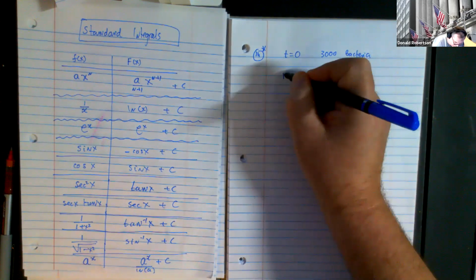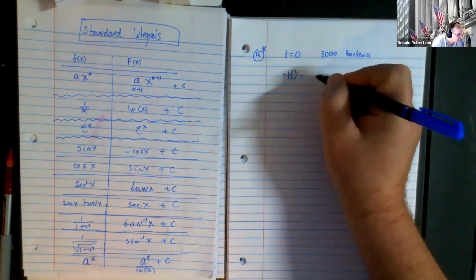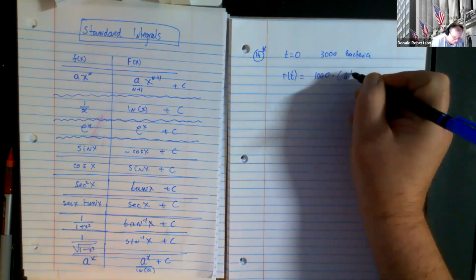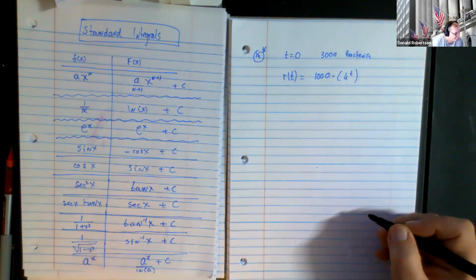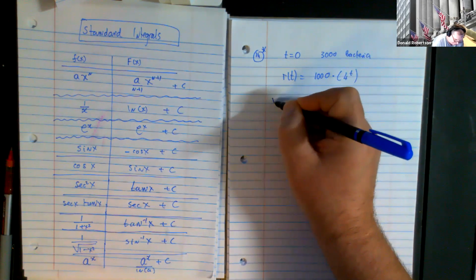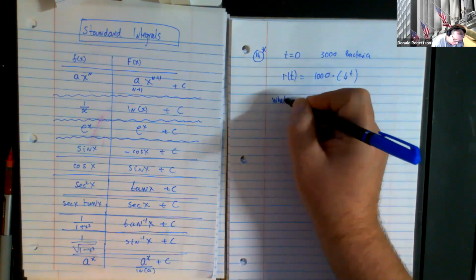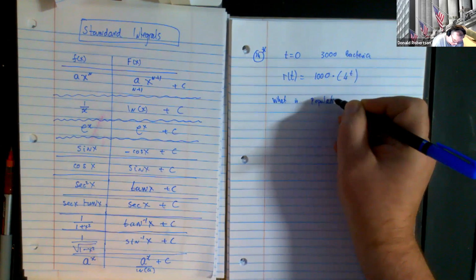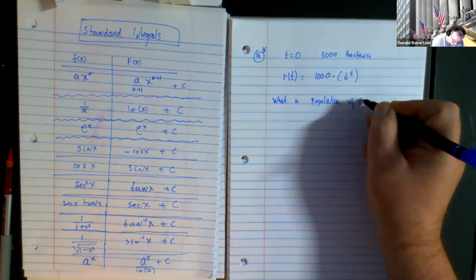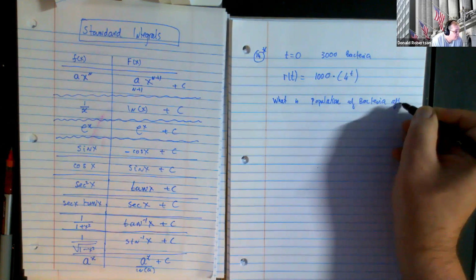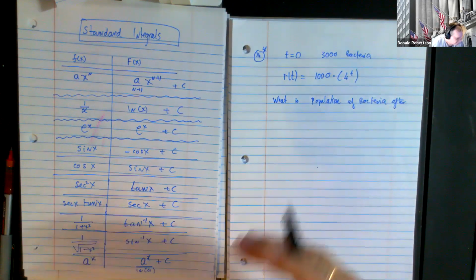And the rate of growth of this bacteria is 1,000 times 4 to the power of t. And they are asking, what is the population of bacteria after 1 hour?